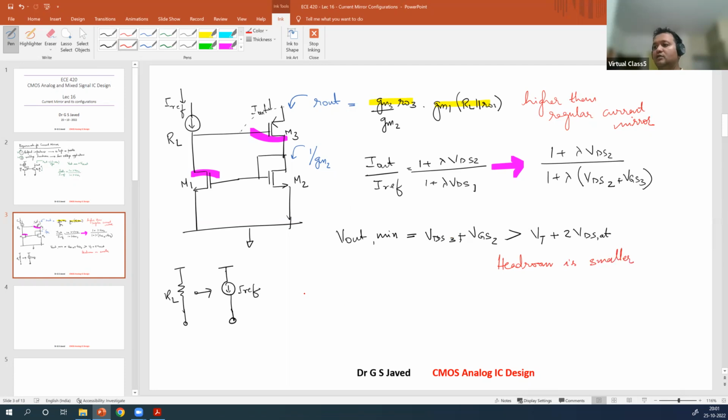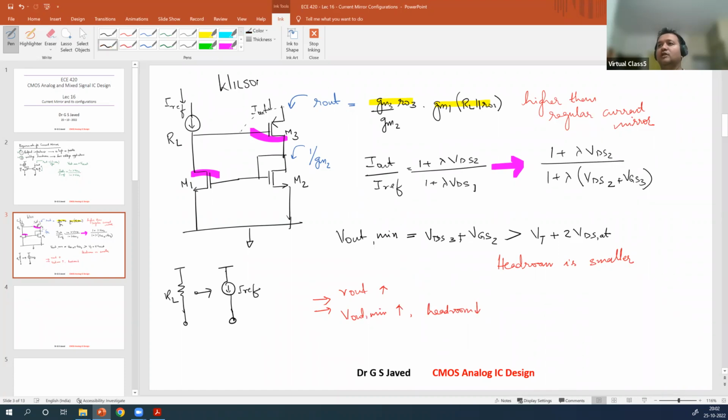Okay, here, so what do we have? Two factors here. One, R out has gone up. So V out min also has gone up. So headroom has come down.